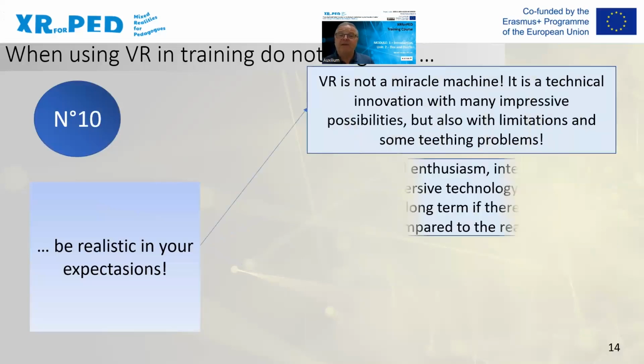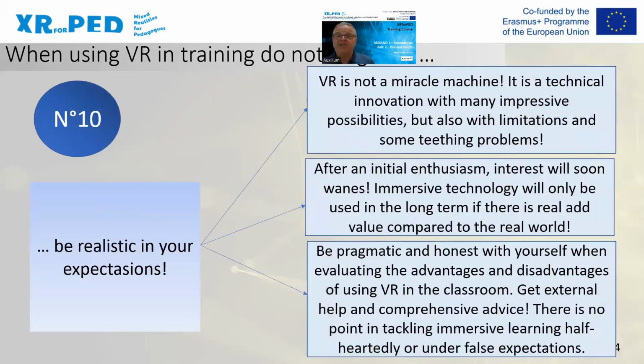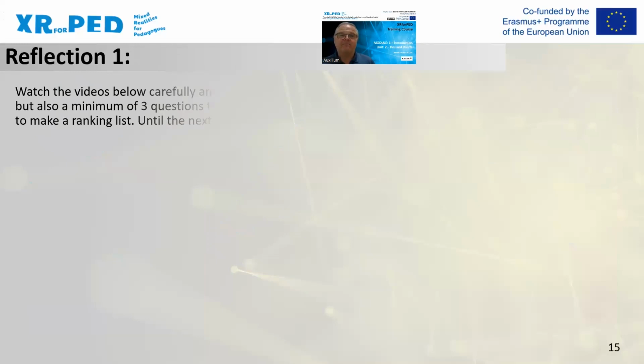And then number 10, be realistic in your expectations. It's the same everywhere in the world, isn't it? But also here, don't expect too much, don't expect too little. Speak to experts, speak to people who have experience, so you get a good feeling about what the real outcome will be when using VR in training and education.